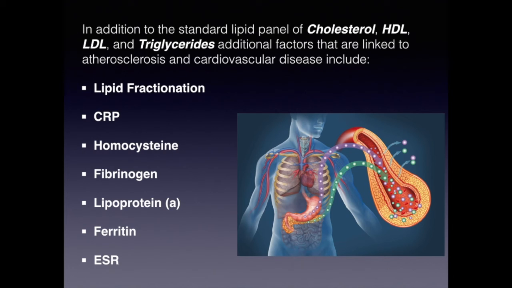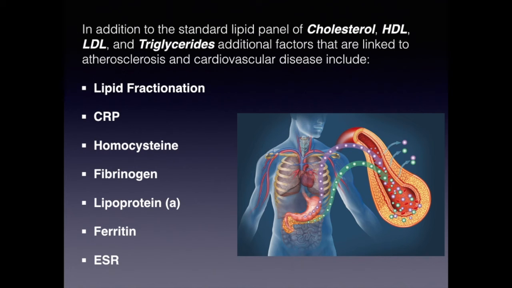If you really think about that, that's quite frightening because it means that the basic lipid panel test is only 50% effective for correctly assessing our cardiovascular risk. And if something is only 50% effective, that is not a very good test.